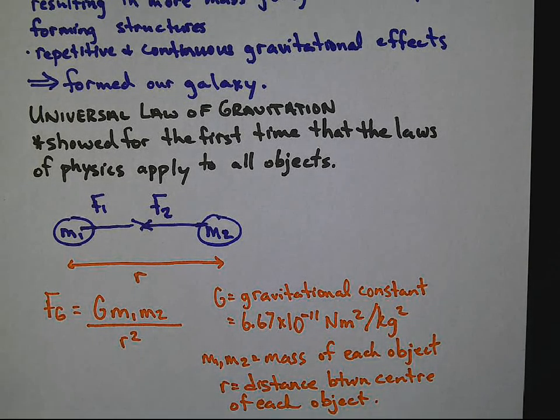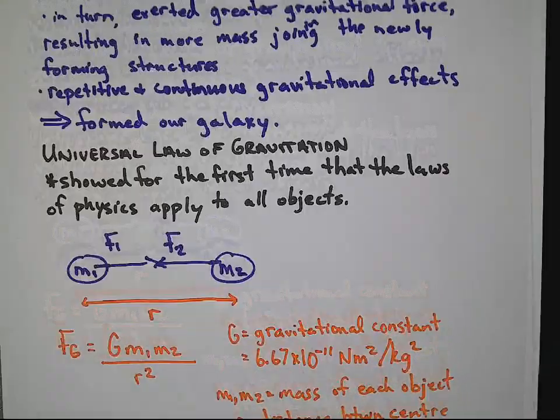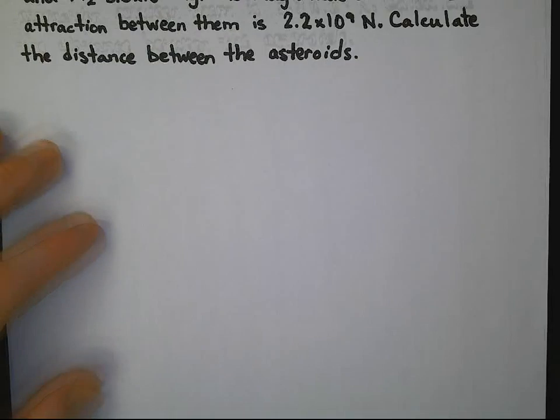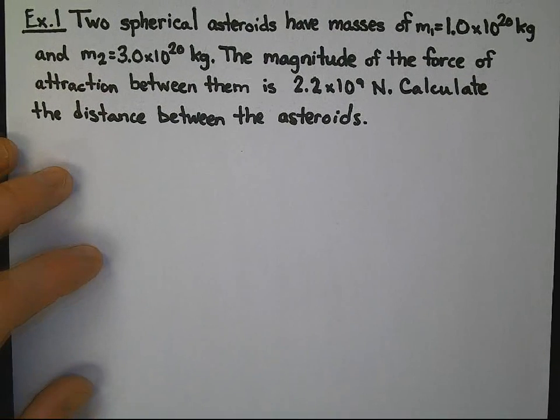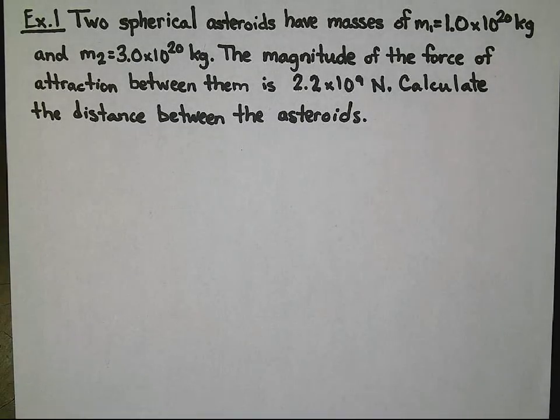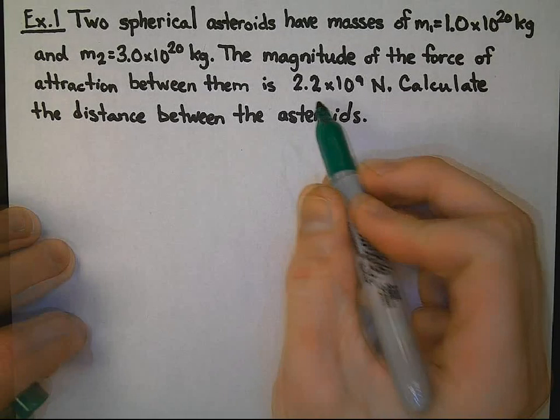So let's suppose that we do in fact have two spherical asteroids. One with mass m1, 1.0 times 10 to the 20, and the other one with mass m2, 3.0 times 10 to the 20 kilograms. And that the magnitude of the force of attraction between them is 2.2 times 10 to the 9th newtons.